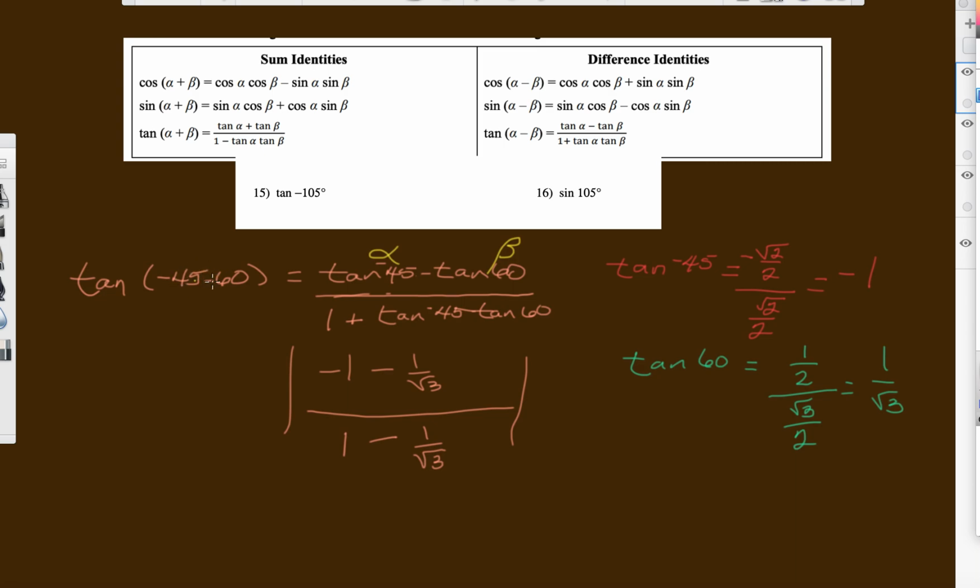And you put those back in here and you solve what's in here. Now, if you solve, this is negative 105. If there were a 105 on the unit circle, we'd be okay. But the way this is set up, you just see that it's a difference identity because of these two signs. Put it in the parentheses, solve, and you'll be able to find what's on the unit circle.